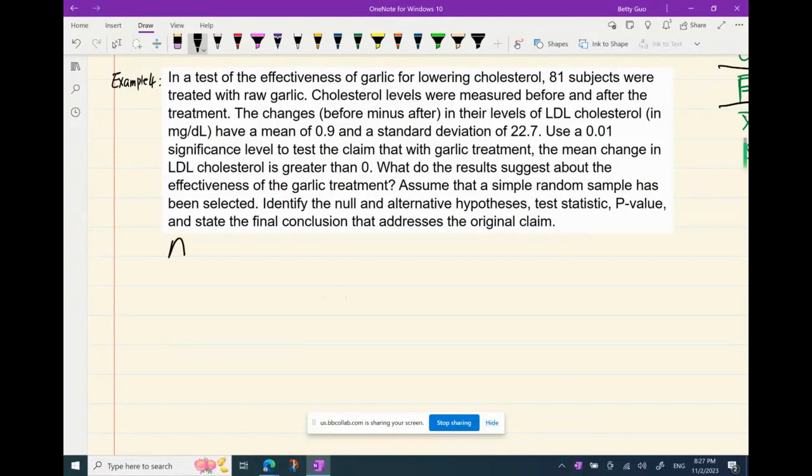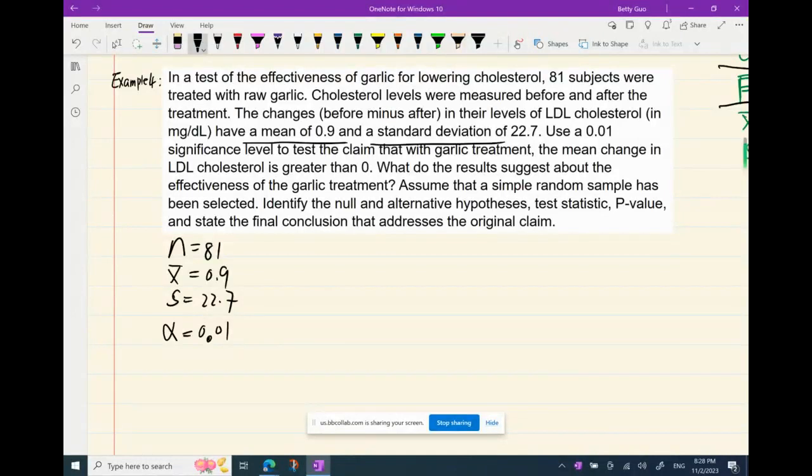Okay, so for now let me write n equals 81. This is the sample mean, right? 0.9. Sample standard deviation s is 22.7. So that's why I really like to take notes. Use a 0.01 significance level. Be careful, this is not 0.1, it's 0.01, 1%, pretty small.